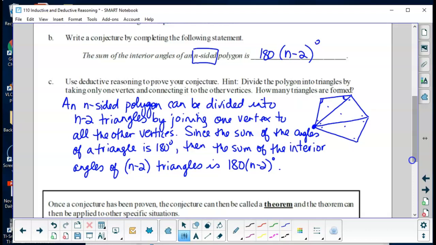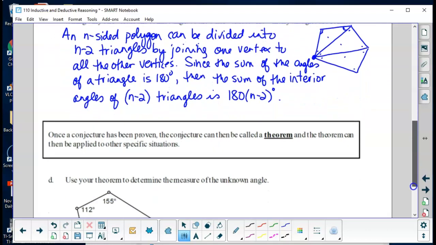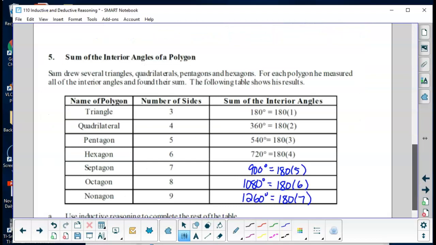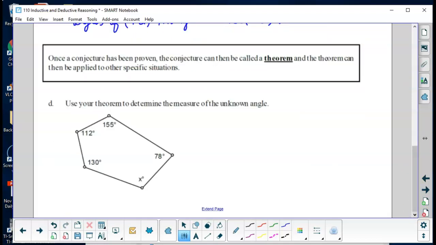So once a conjecture has been proven, the conjecture can then be called a theorem, and the theorem can be applied to other specific situations. So then you can use it, basically. It says, use your theorem to determine the measure of the unknown angle. So you want to look here, how many sides? 1, 2, 3, 4, 5.